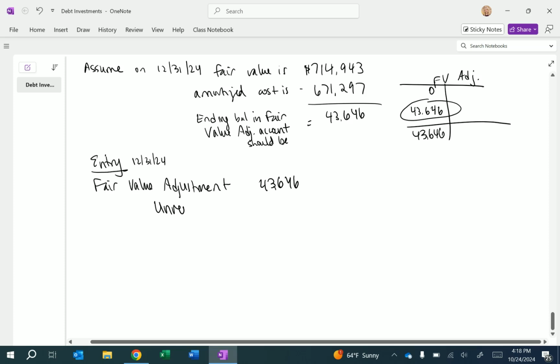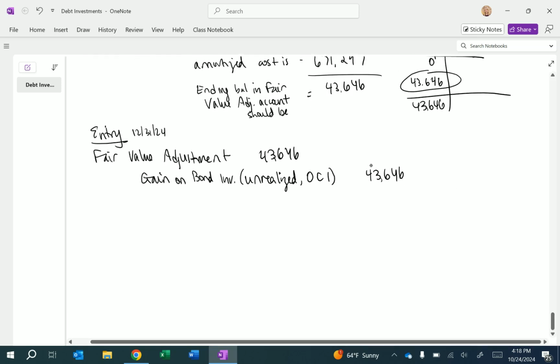Oh, sorry. In the real world, most companies use the account unrealized holding gain, parentheses, OCI. In our textbook, we're using the account title gain on bond investment or investment in bonds, parentheses, unrealized, and we're showing that this account goes through other comprehensive income.